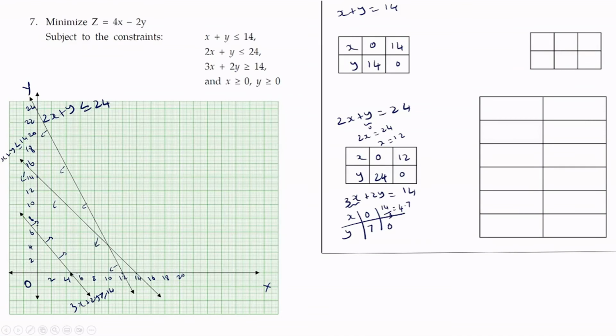So now the feasible region is the region which is common to all these. The non-negative constraints x greater than or equal to 0, y greater than or equal to 0 is the first quadrant. So this is the feasible region.